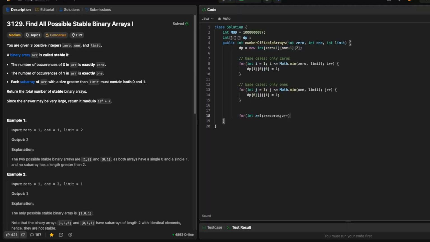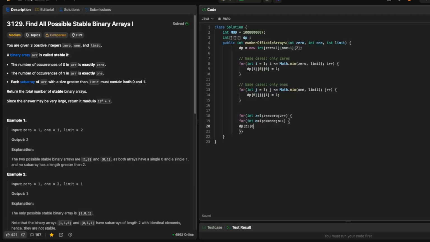After that, for o equal to 1, o less than or equal to ones, o plus plus.